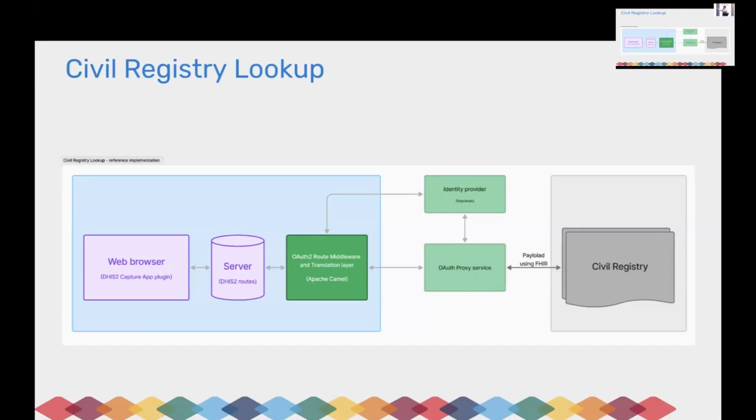And only admins of the system have access to configuring that middleware. This is to make sure that the users, by searching in the civil registry, may get the information at any time without having direct access to the civil registry itself.